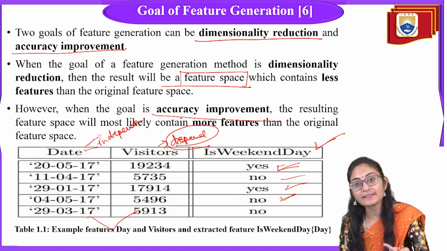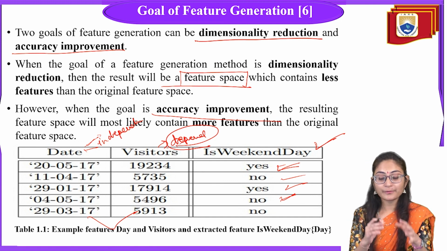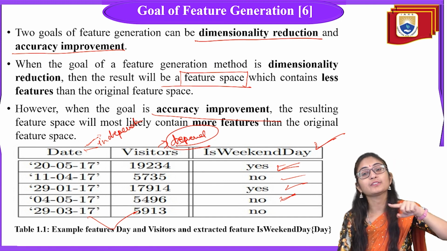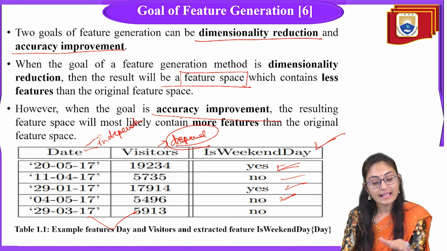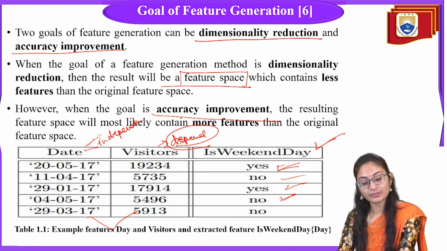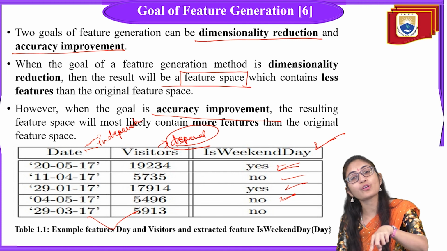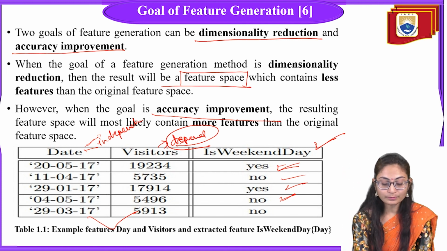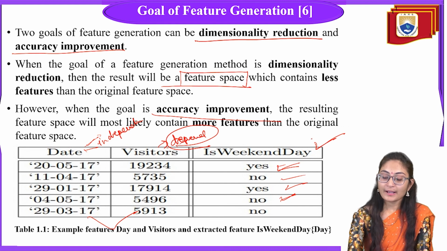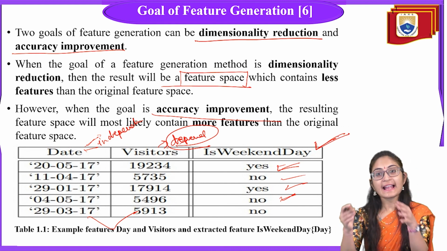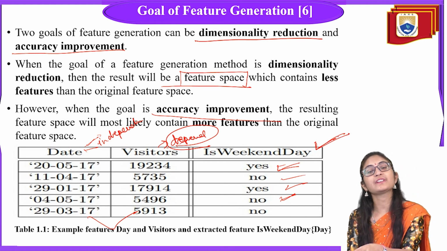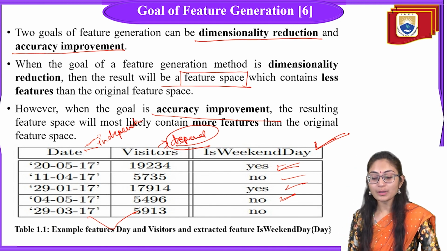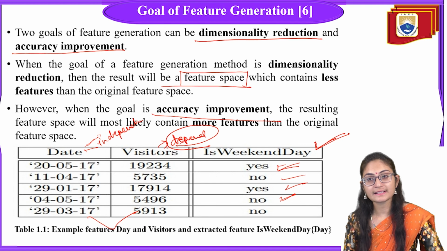How do we get to know it is a weekend day? Because on that day there were so many visitors and that date was a weekend day. So we generate a new attribute, and this attribute is very important for our output. This is all about feature generation.